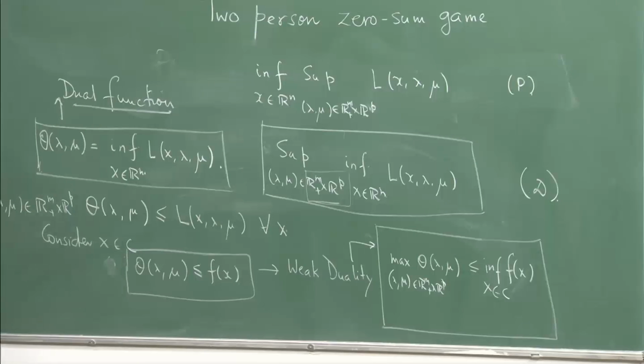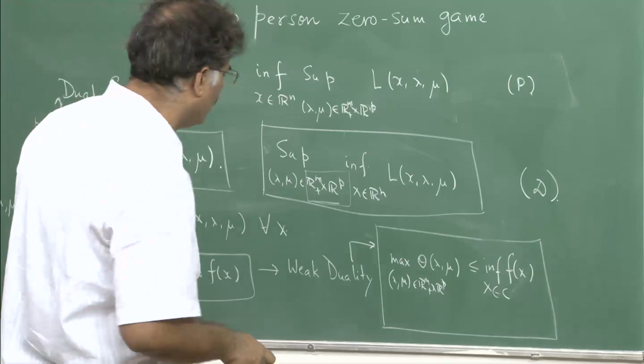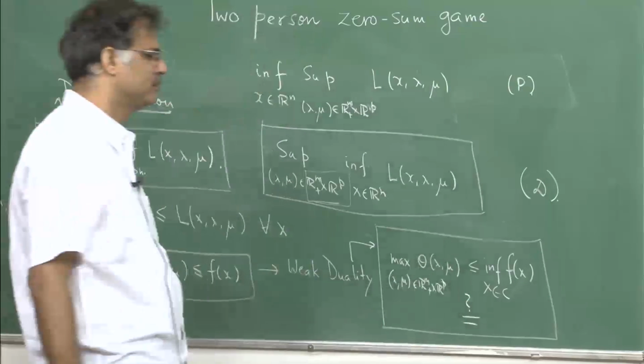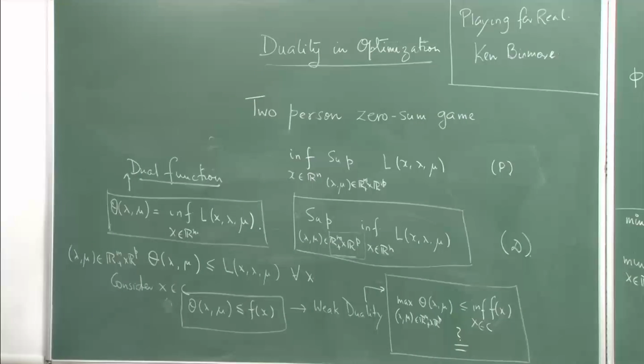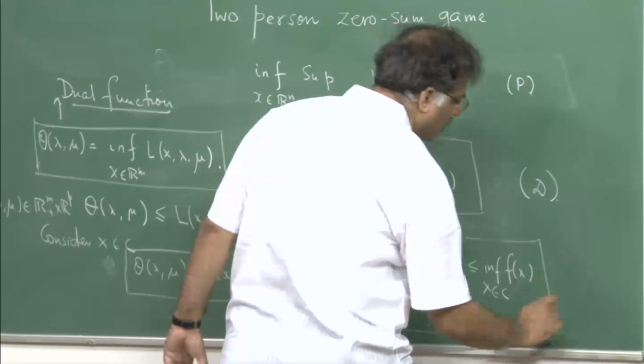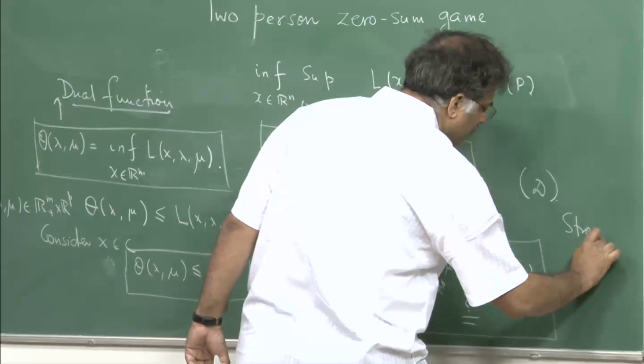Now, once this weak duality is known, the question is when will there be equality. If equality holds, that would result in what is called strong duality.